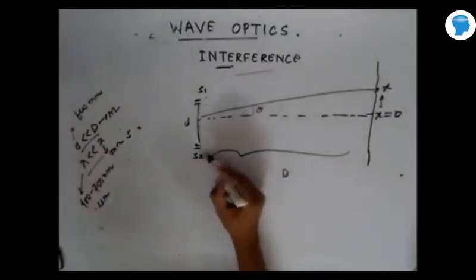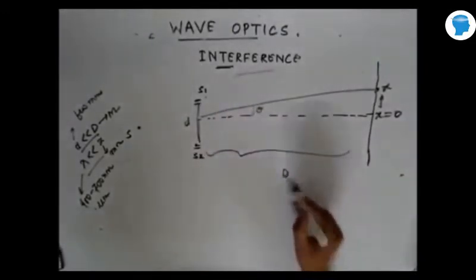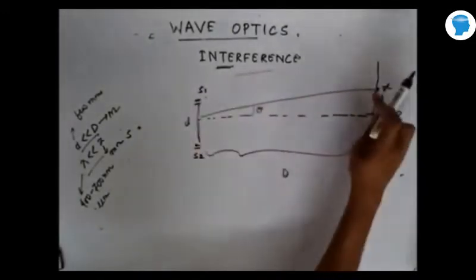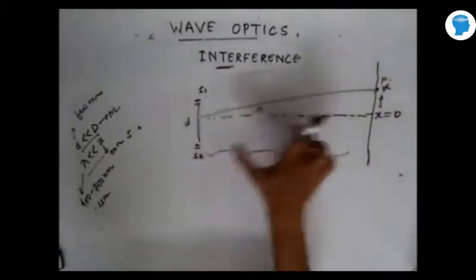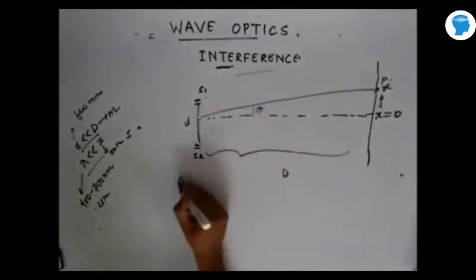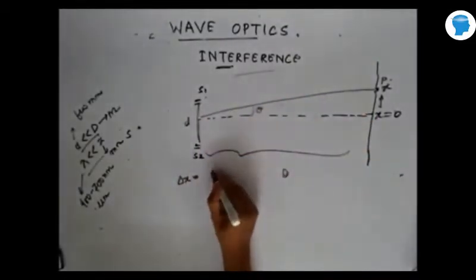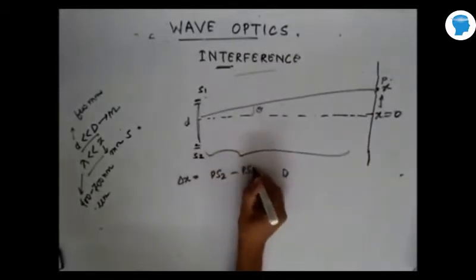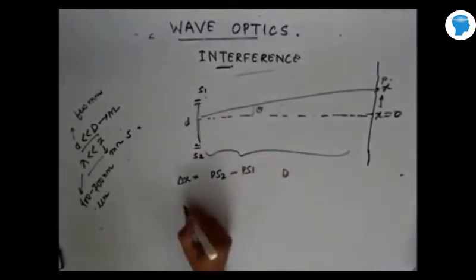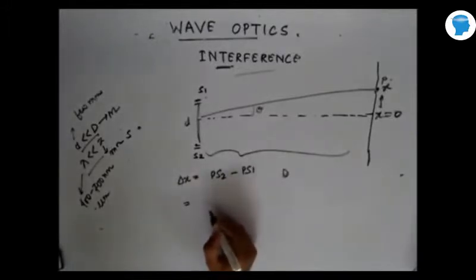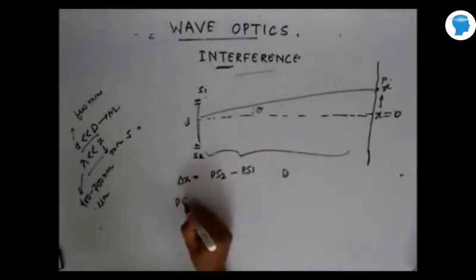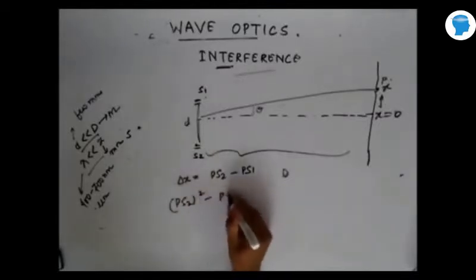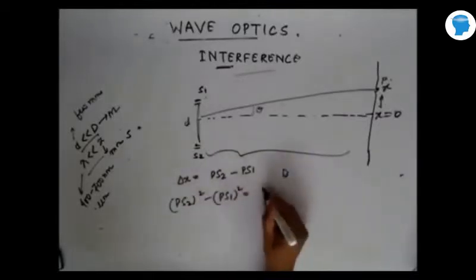Now what is the path difference at this point due to these two waves? Let's say this point is P. So the path difference is equal to delta x is equal to PS2 minus PS1, right? So let's find what is delta x. Now you know that PS2 squared minus PS1 squared is what?